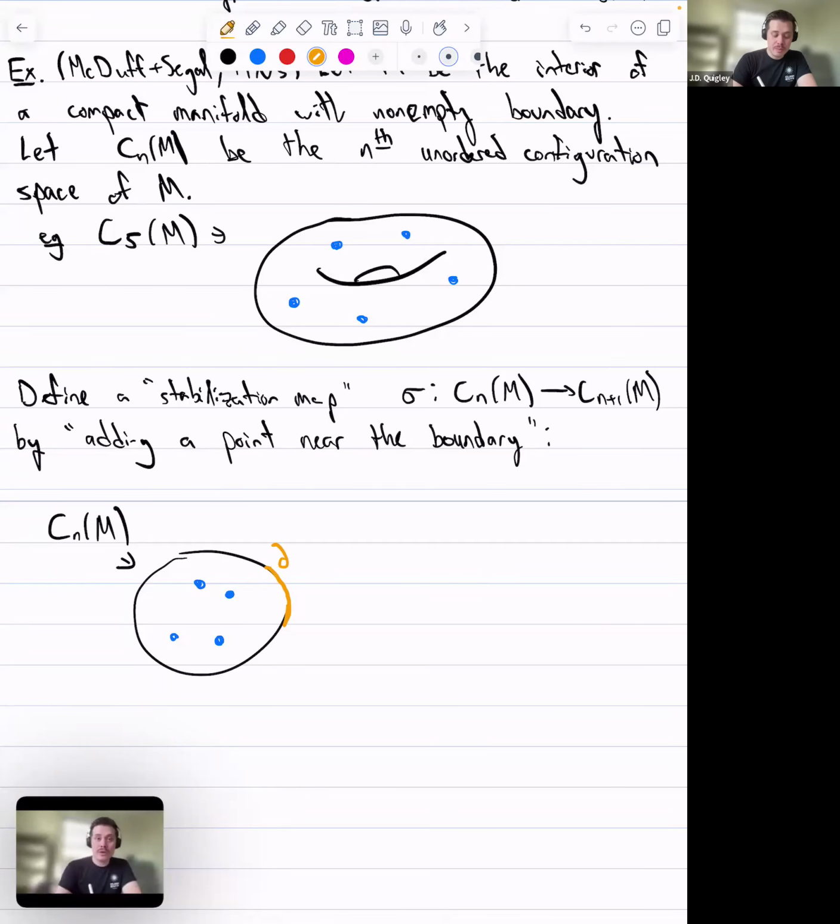Then what I can do is pick a point in that boundary, take some sort of neighborhood of that point, and choose a way of pushing everything outside of that little area, or stretching things out.